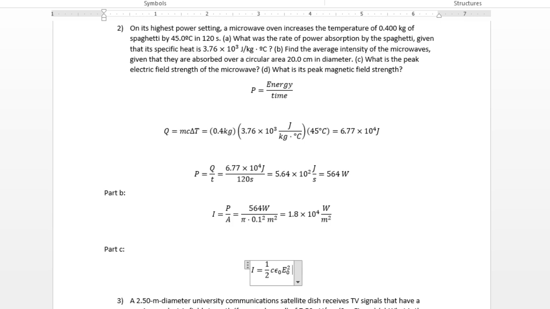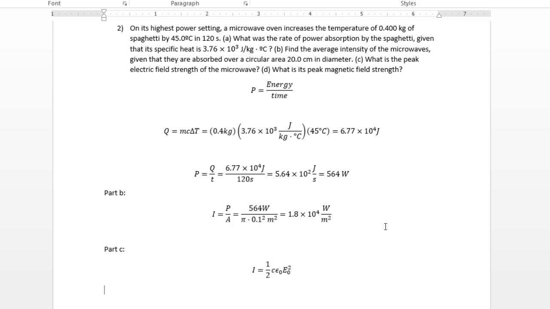Epsilon naught is permittivity of free space, and E naught is the peak electric field strength.